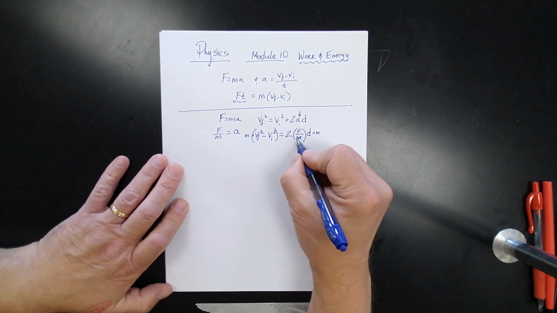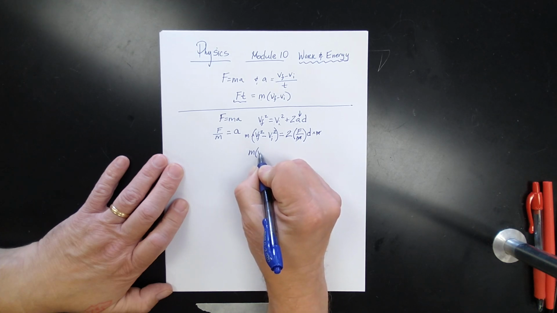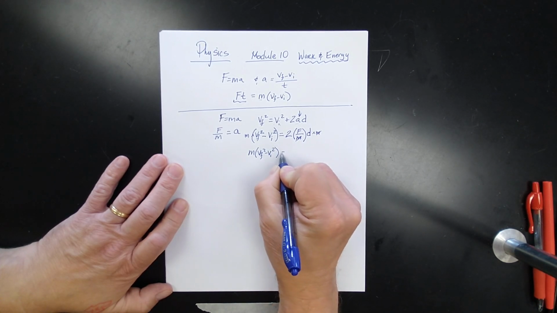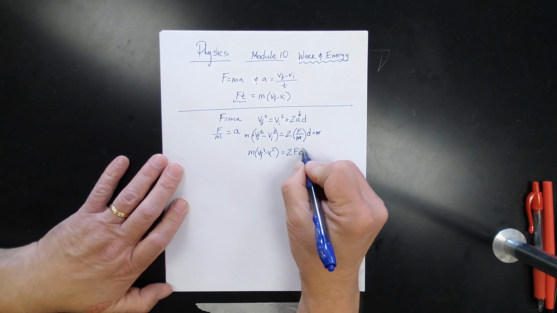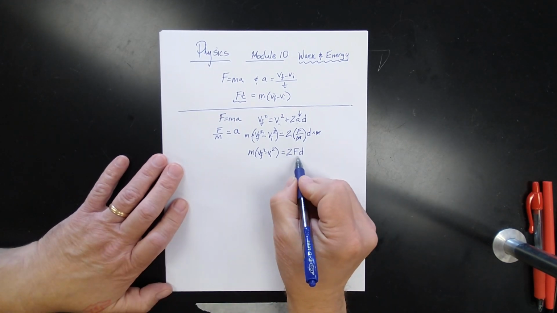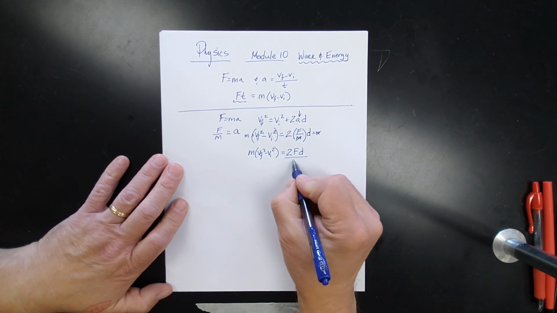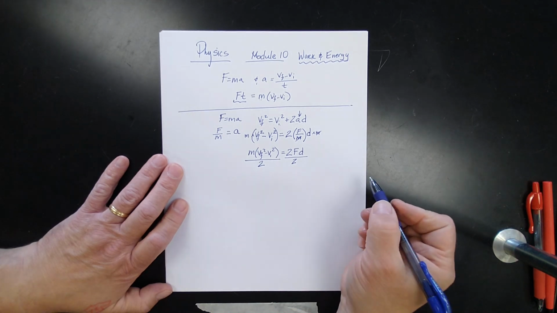So now we wind up with m times Vf squared minus Vi squared is equal to 2 times F times d. Last thing, we're going to get rid of that 2 by dividing everything on both sides by 2.